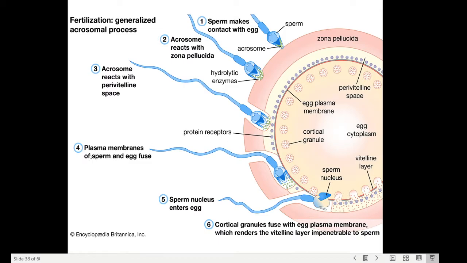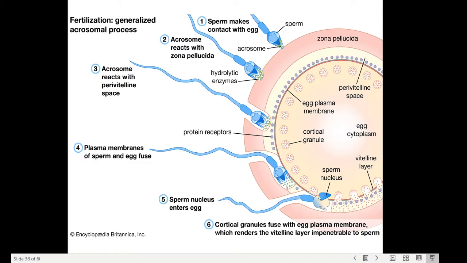Then the plasma membranes of sperm and egg fuse. The external cellular region is removed and degraded by the proteins present in the oocyte. The sperm nucleus enters the oocyte egg.